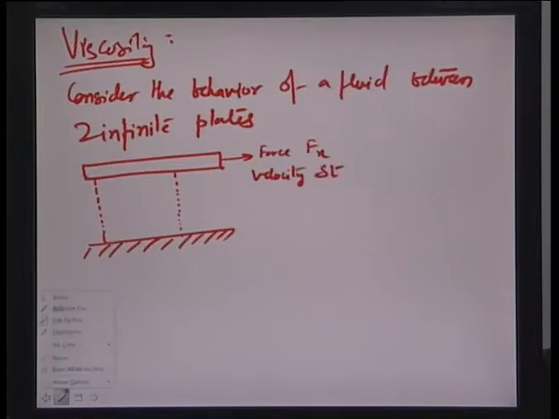Delta u is illustrated here, and let us see what happens if we try to move this with the force f x at a rate delta u, after t plus delta t. Okay.